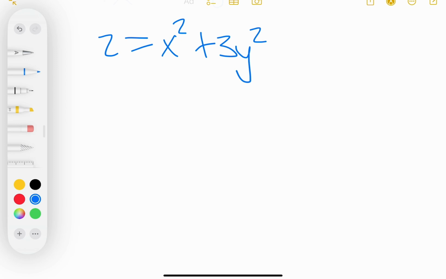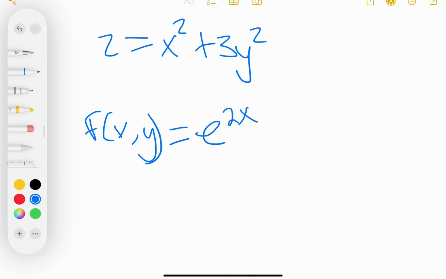Okay, so we're going to try to find something with an exponential function: e to the 2x plus 3y. We're just going to do this step by step. Let's say they're asking me to find the partials with respect to x and y. Remember, we're doing each part.